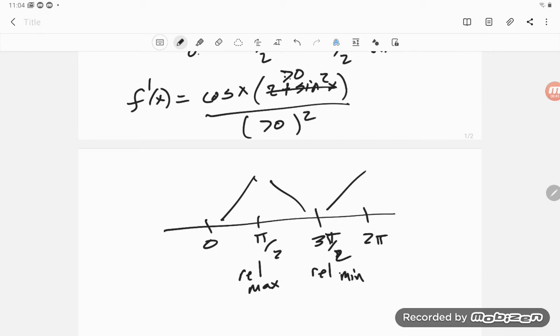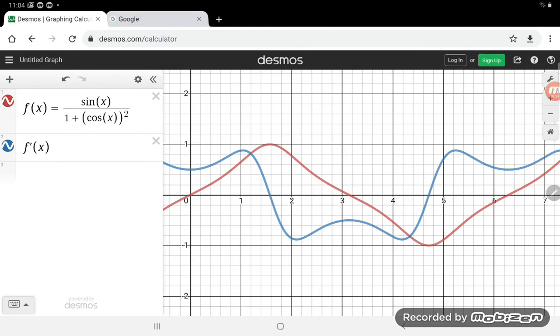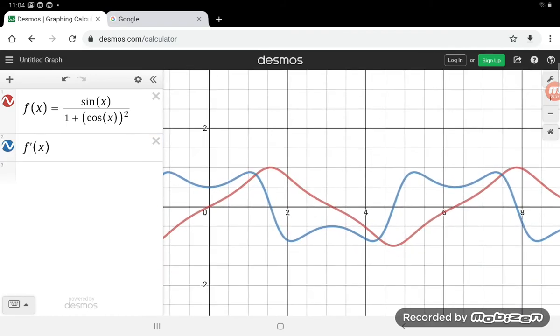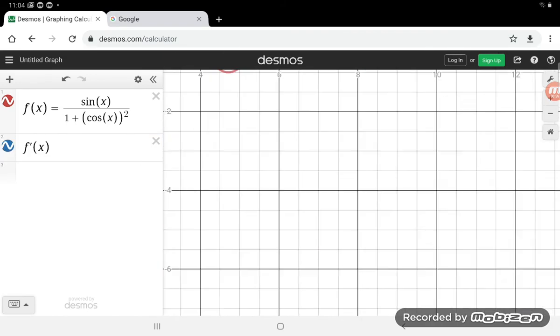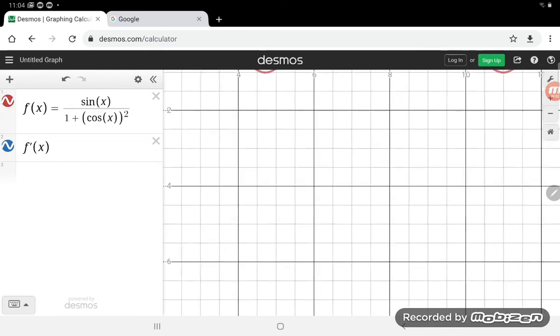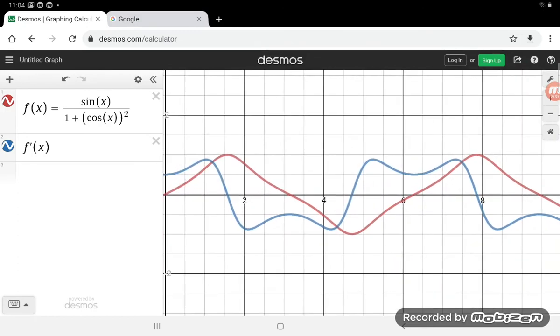So again, let's go check that. Now there, oops, got my pen too close. I don't know why that moves when I get my pen there. Sorry.